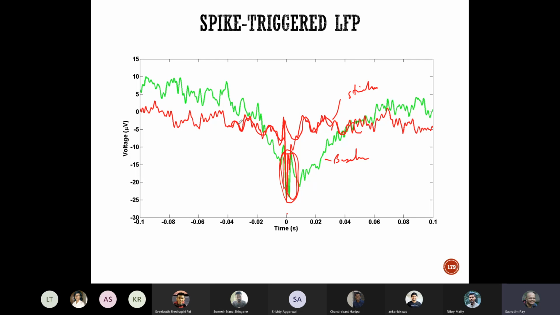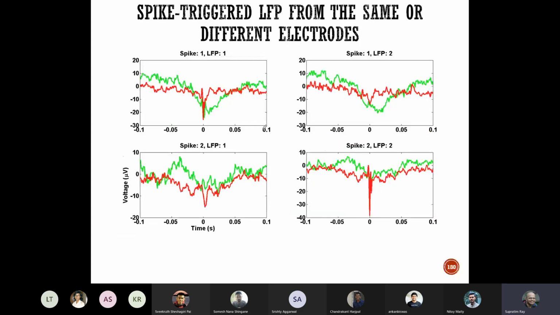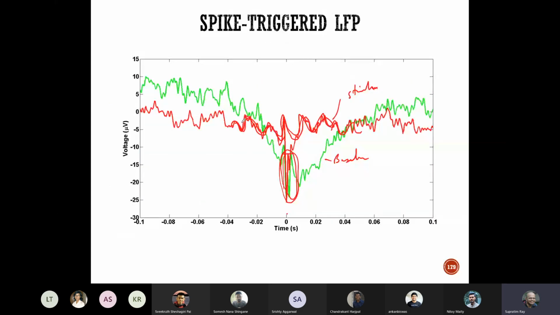I'm trying to estimate whether this oscillation is large enough, this being the averaged oscillation when you average across all these segments. So my idea then is to somehow get an estimate of how strong this is, which will tell me how well the spikes align to the particular phase of the oscillation.